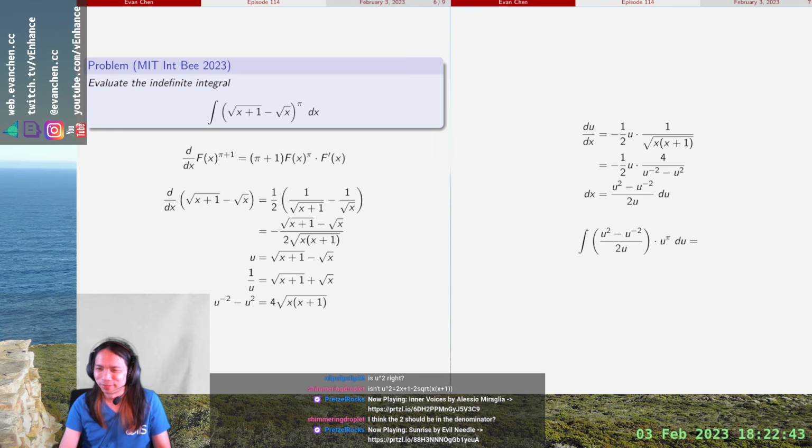Yeah, pi plus 1 and pi minus 3 du, which is this really beautiful expression: 1 over pi plus 2 u to the pi plus 2 minus u to the pi minus 2 over pi minus 2. And yeah, then I have to put the definition of u back in.